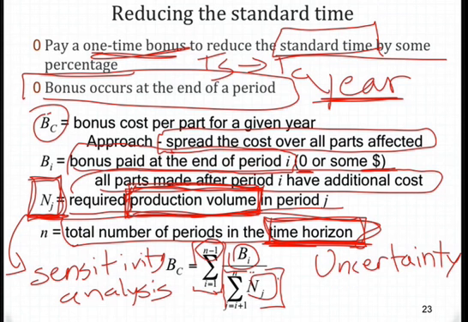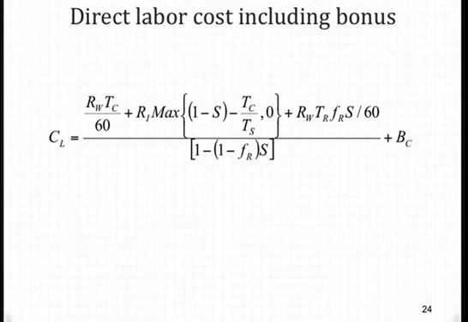Once we calculate that, don't forget that B sub C is the cost, the bonus cost per part. So I can just modify the previous expression. Note, of course, we don't put this in the numerator because the way we calculated B sub C was that it was only for the parts that are going to the customer. So that's already factored in.